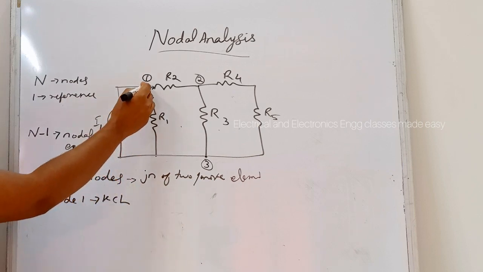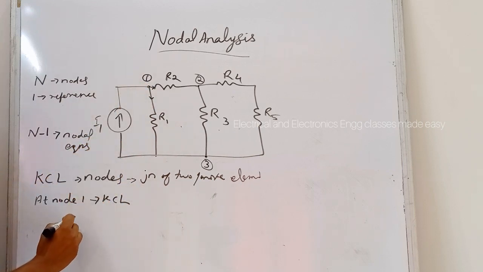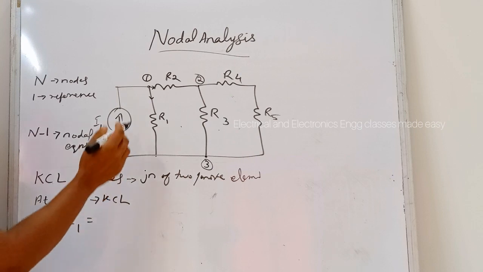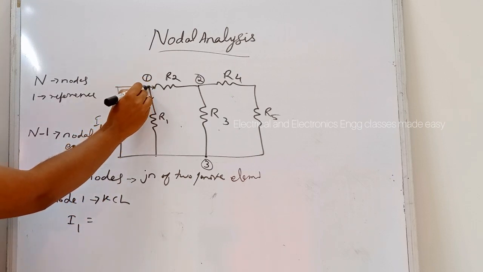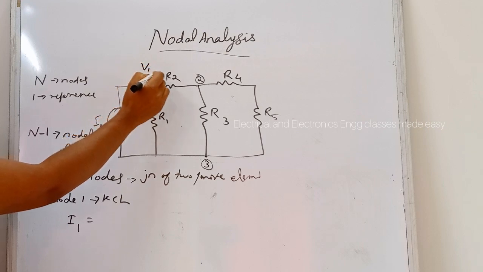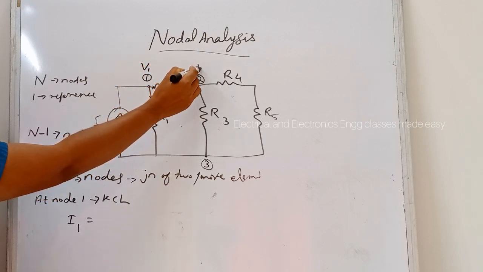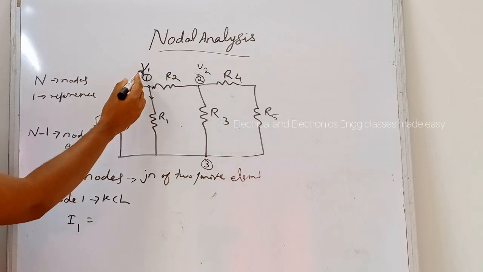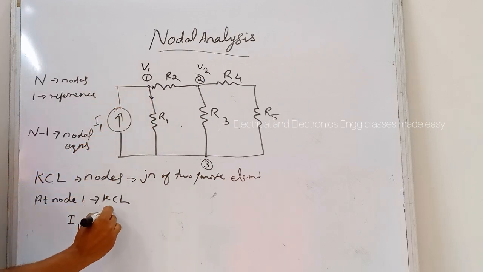So I1 is equal to V1 divided by R1, since at node 1 the voltage is assumed as V1 and at node 2 it is V2.